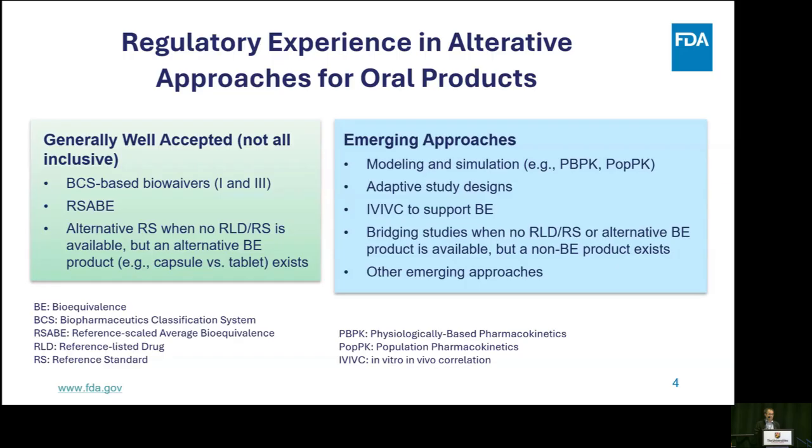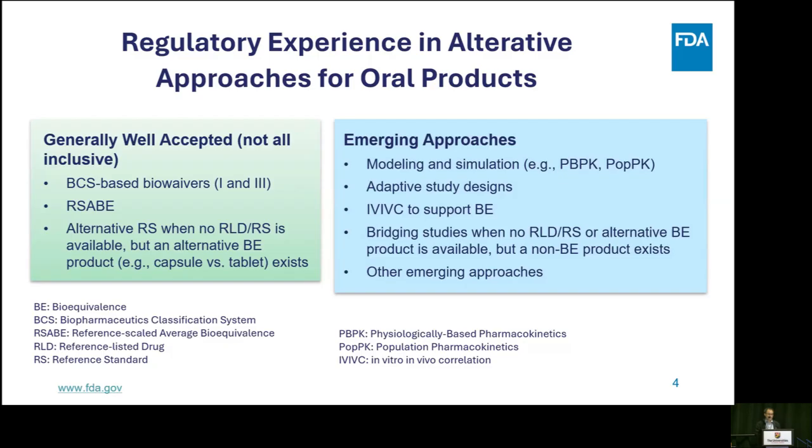And over the years, there are also emerging approaches and submissions. We already heard a lot about modeling and simulation approaches such as PBPK, population PK, adaptive study designs, IVC, especially to support bioequivalence when this IVC is linked to PBPK.